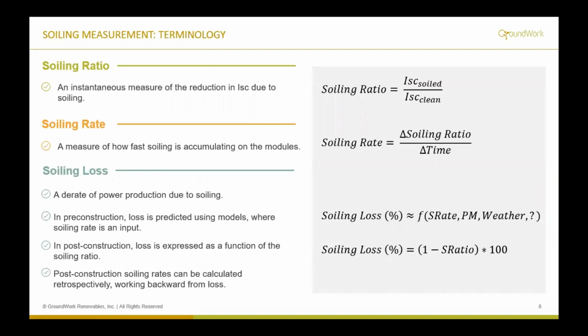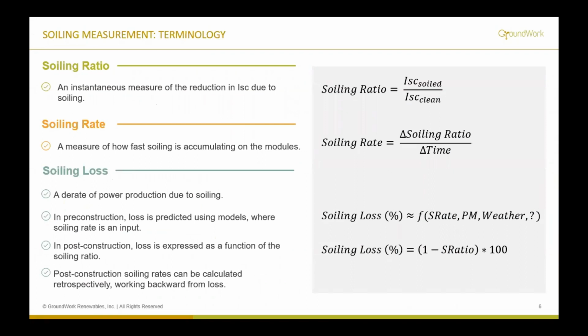And model inputs vary. Soiling rate, particulate matter, weather such as rain are all among those inputs. And some models use that soiling rate data, but the calculated measured soiling rates can also be used to check models that don't use soiling rate data.